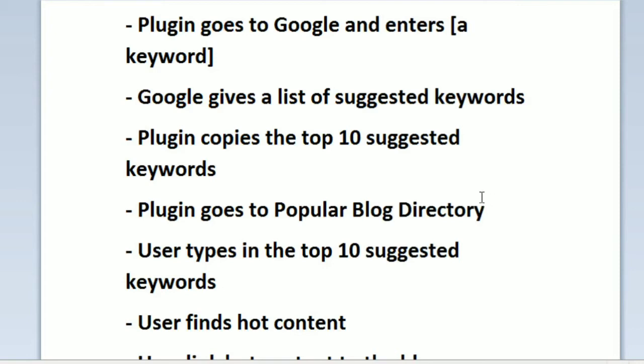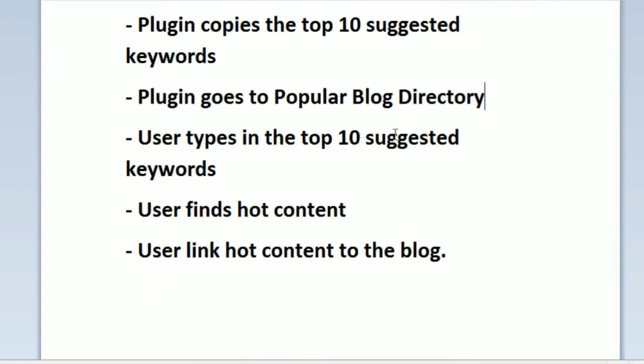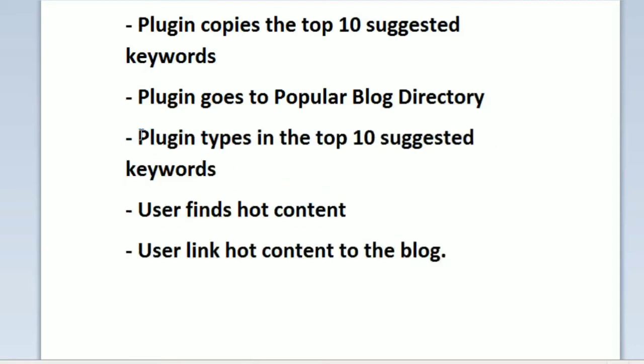And then the user types in the top 10 suggested keywords. Now, in this case, the plugin is doing everything. Typically what happens is the user just enters a keyword and then the plugin does the rest. So the plugin types in the top 10 suggested keywords.